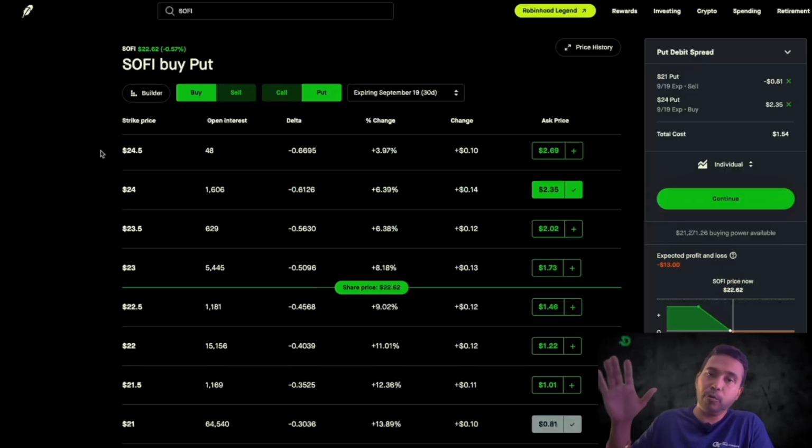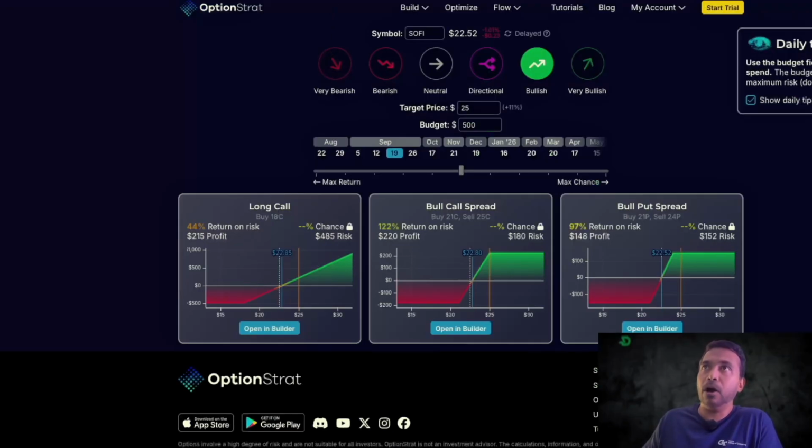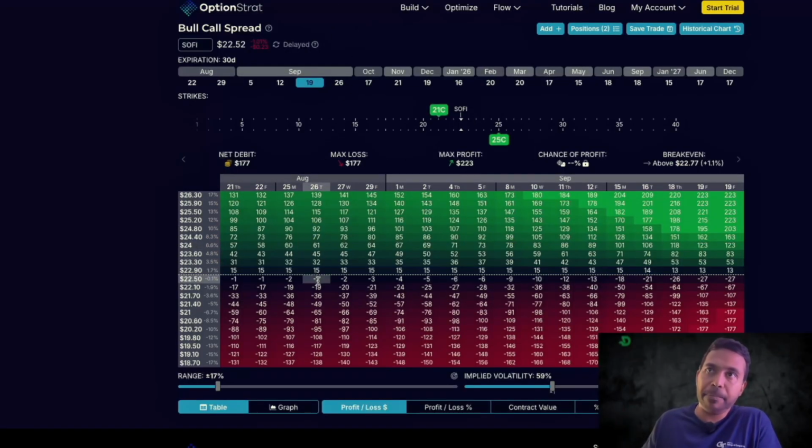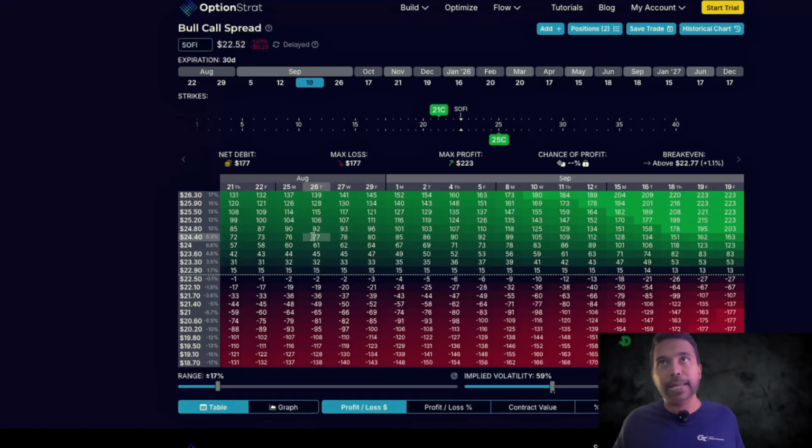So you come to the platform, build it, see the profit and loss, go back here, see how the profit and loss looks like, what will happen if tomorrow it goes up or down, and then execute that trade, right? This is the site that you can use, and also this is completely free. There are some paid features, but I think you do not need to use that. This is good enough.